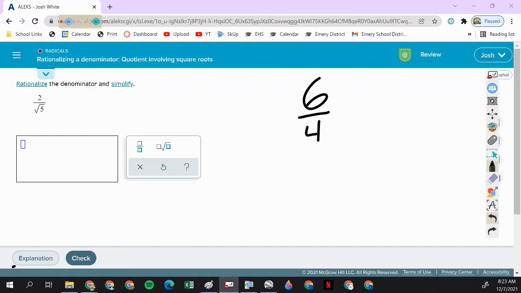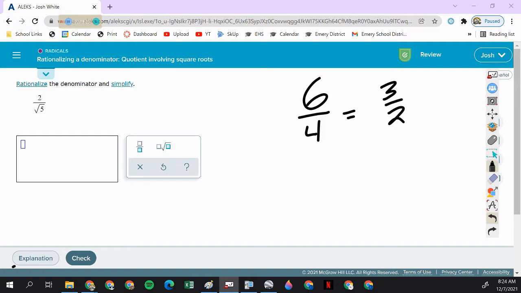So to make things less complicated and to make sure that everybody gets the same version of the answer, we tell you to simplify the fraction, which means pull out the common terms. Both of these numbers, the numerator and the denominator, are divisible by 2. So if we divide by 2, I get 3 over 2. Okay? And that's just something we do to make sure that we get the fractions as simple as possible.